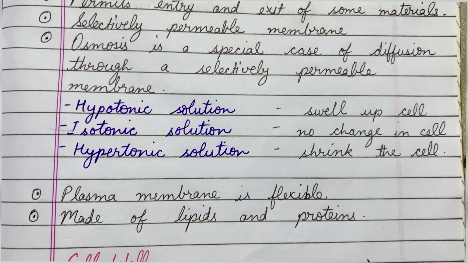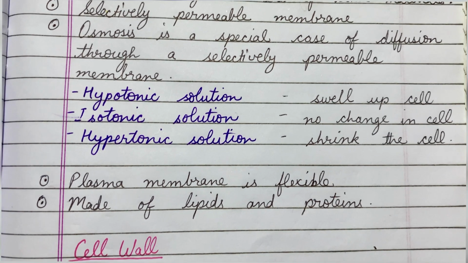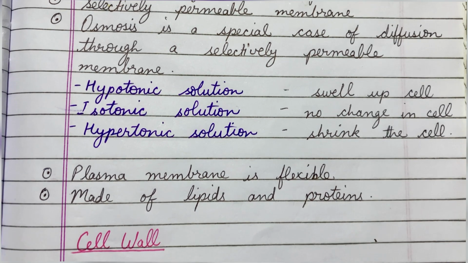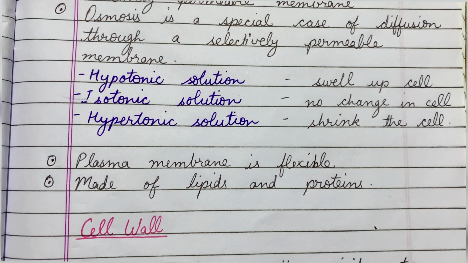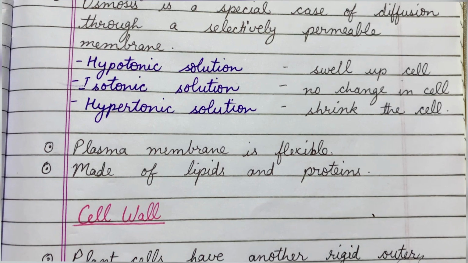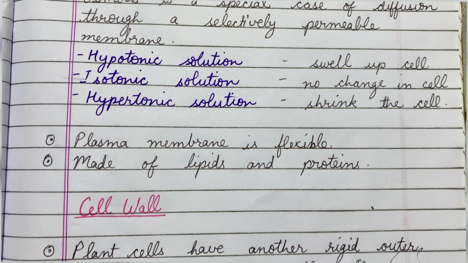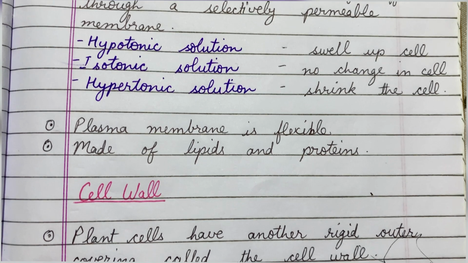Let's know what happens to the cell if it is dipped in different types of solutions. In case of a hypotonic solution, where the concentration of the solution is lower than that of the cell, this difference in concentrations leads to the movement of solvent towards the higher concentration.